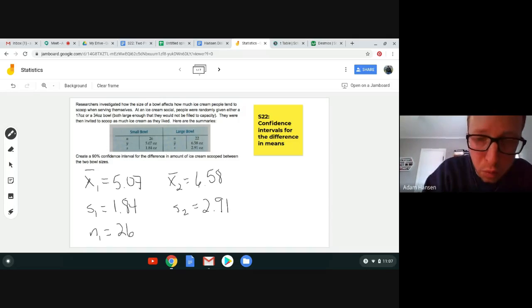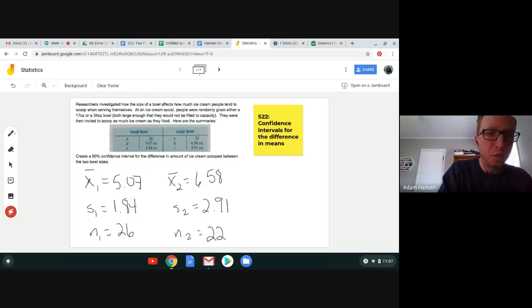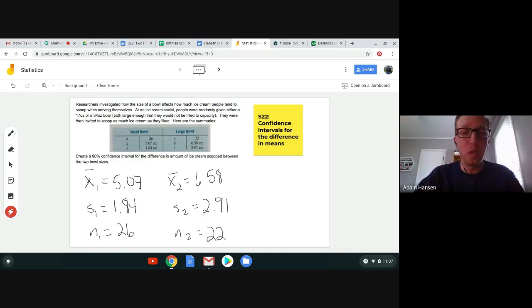Their standard deviation was 2.91 ounces, and the sample size for group 2 was 22. We are asked to create a 90% confidence interval for the differences in the amount of ice cream scooped between the two different bowl sizes, the large and small bowl.